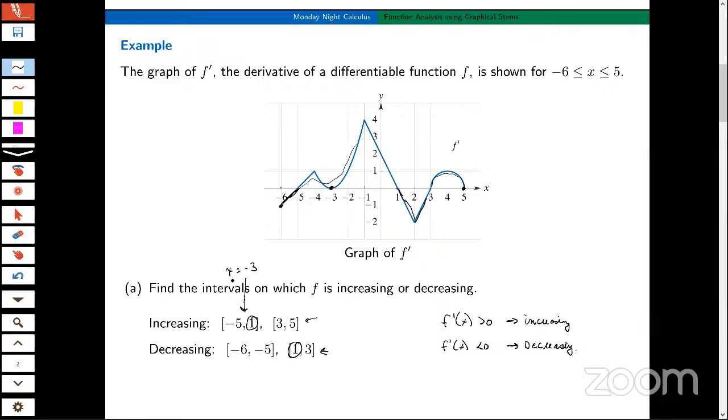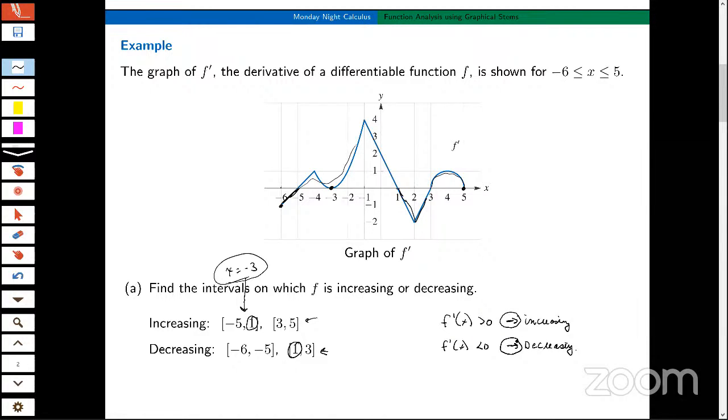In addition, I think it's okay to include x equal -3 in here, because as we move left to right from -5 to 1, the function is increasing according to the definition. Now, another subtle point here is, you'll notice over here on the right-hand side, these are implication arrows. They are not going in both directions.